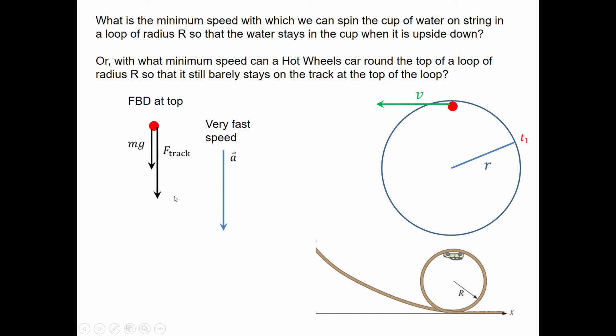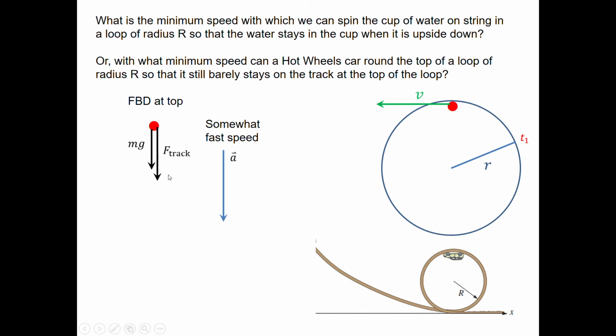Now let's imagine what happens as we slow it down. As we go at a slower speed, we have a less long acceleration vector. That means the sum of the forces shouldn't be quite as big going down. Now the key observation is that the weight force can't change. The weight force is what it is, and it's not going to change depending on the speed. So the only thing that can change is the downward force from the track. So in going from a larger speed to a smaller speed, the acceleration goes down, and that means the track force has to go down.